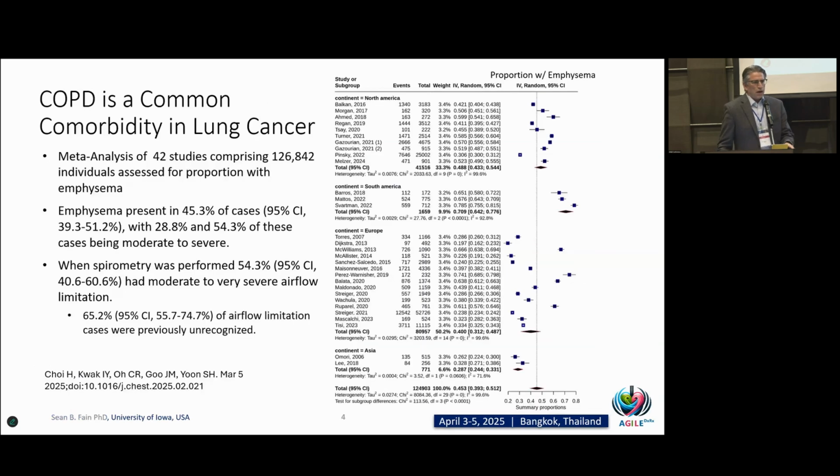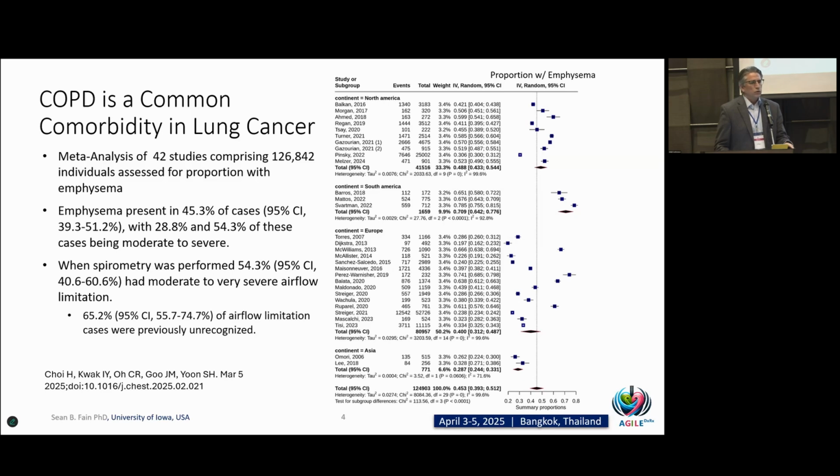I do want to highlight a couple things that were discussed yesterday. First, COPD is a common comorbidity in lung cancer, and this is a recent meta-analysis of 42 studies with over 100,000 lung cancer screening patients included. The average occurrence of emphysema in these lung cancer screening patients was 45%, with 30 to 54% of these being moderate to severe.